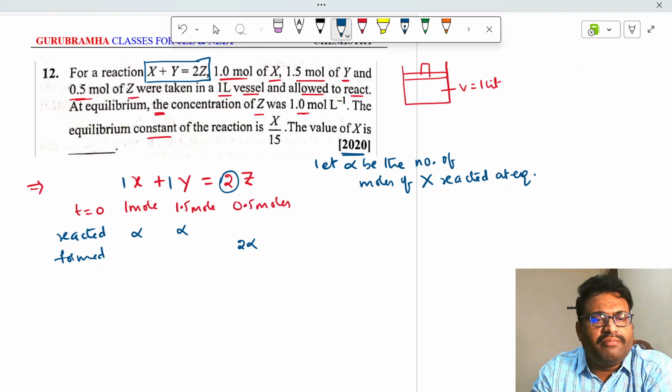So at equilibrium, what will be the number of moles of x? Initially there is 1 mole.